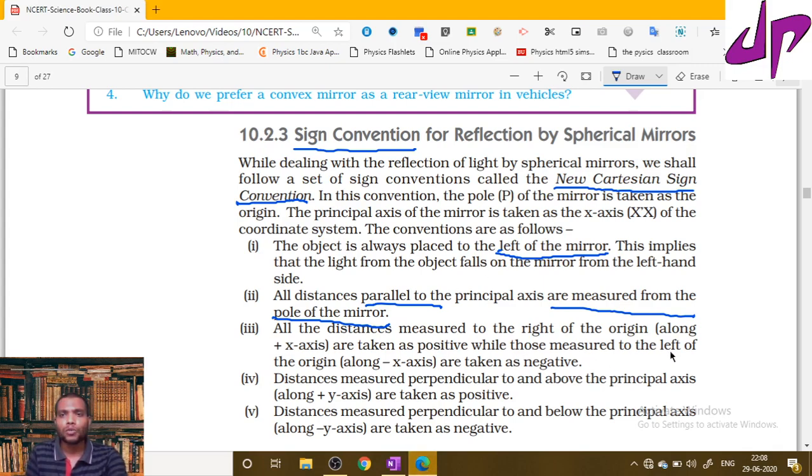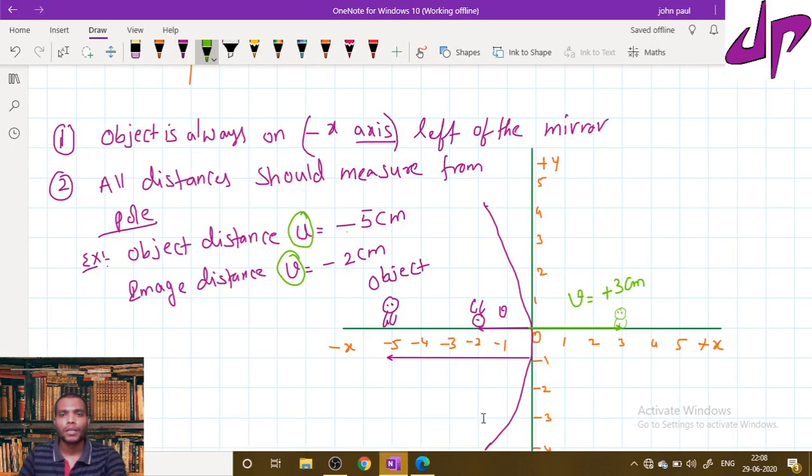And those measured to the left of the origin along the negative x-axis are taken as negative. Here we measured object distance u as -5, so we need to take it as negative. That is because of the sign convention. I hope you understand this point.